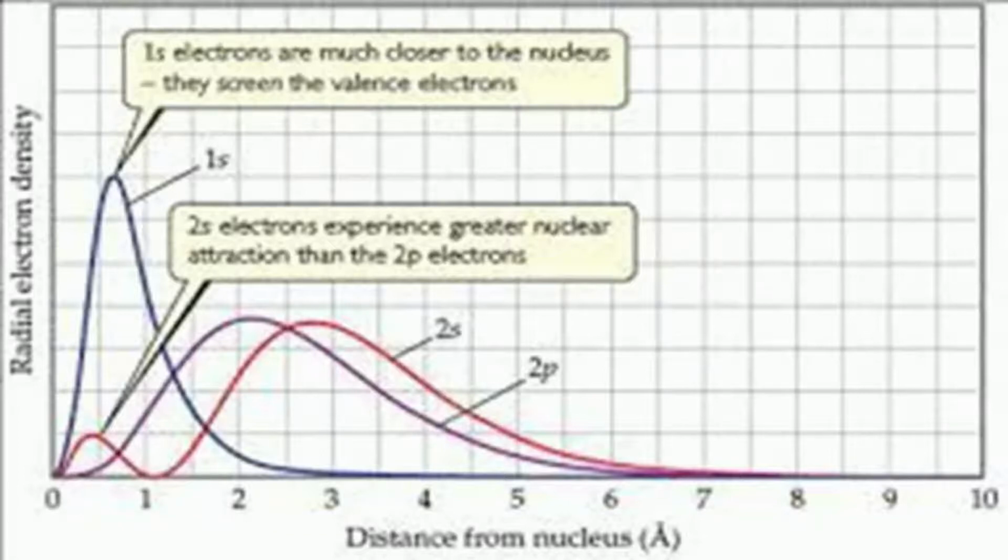See the first orbital, that's a 1s orbital. You find a maximum immediately near the nucleus, and that orbital nearly ends at 2 angstrom unit, or you can say 3 angstrom unit. Therefore, I can say the 1s orbital, which is represented by the blue line, is the innermost orbital. Now come to the second orbital, which is represented by the red line, that is the 2s orbital.